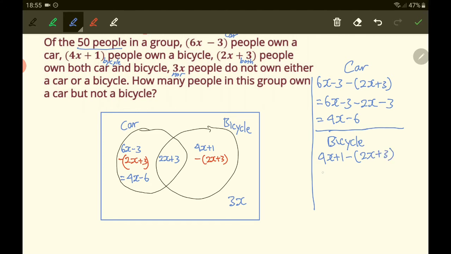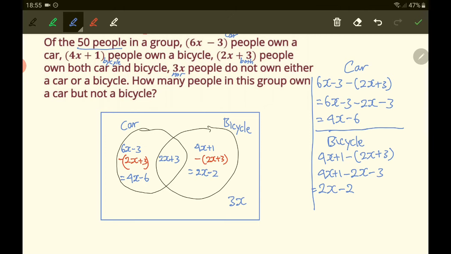Now open the bracket. 4x plus 1 minus 2x minus 3. So we get 4x minus 2x, we got 2x, plus 1 minus 3, minus 2. So here is for the bicycle. For the bicycle, we have 2x minus 2.